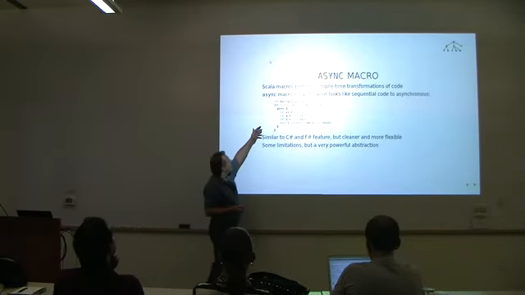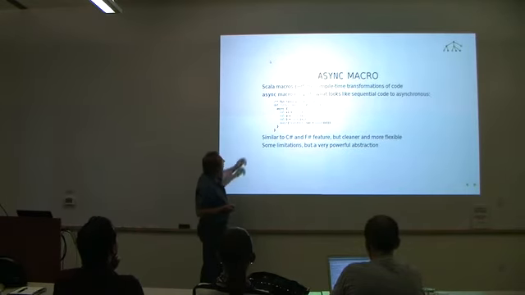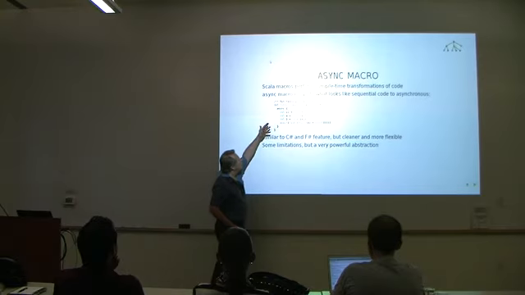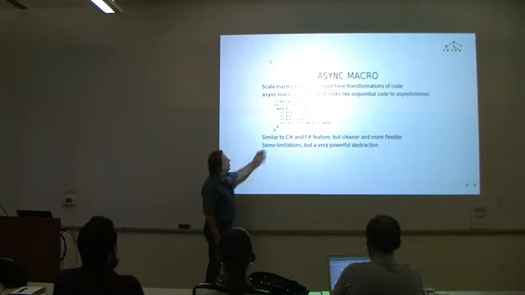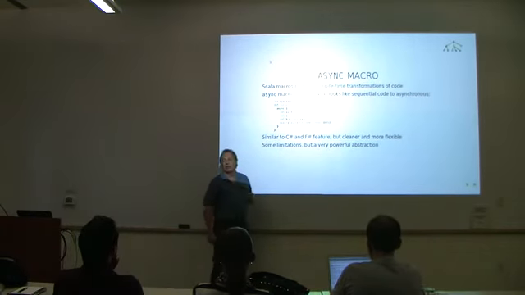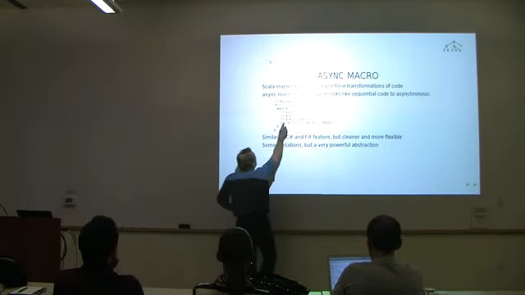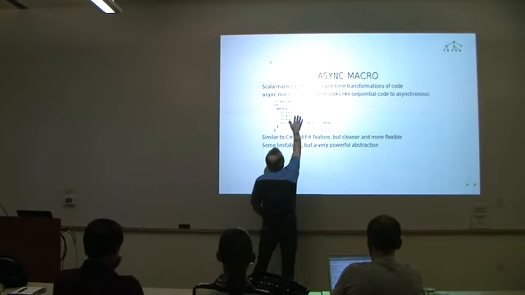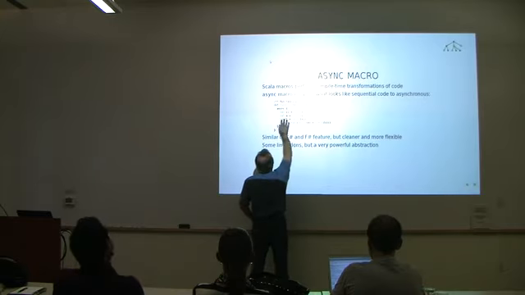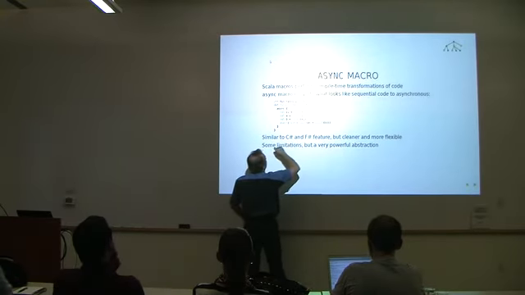What I'm doing with this async macro is I'm converting what looks like sequential code to asynchronous. So this looks like the blocking code that we saw before. It says, value v1 is awaiting the result of task 1. Then value a is waiting for the result of task 2. Value b is the task 3 result.